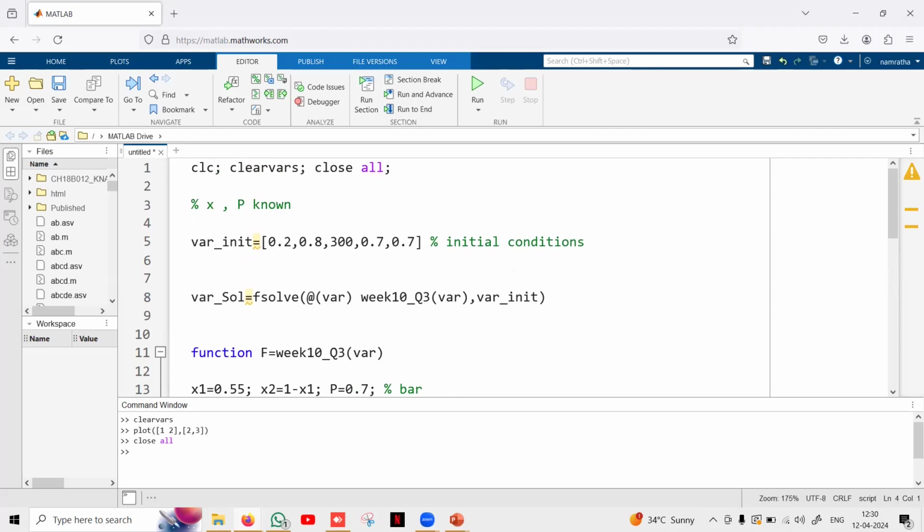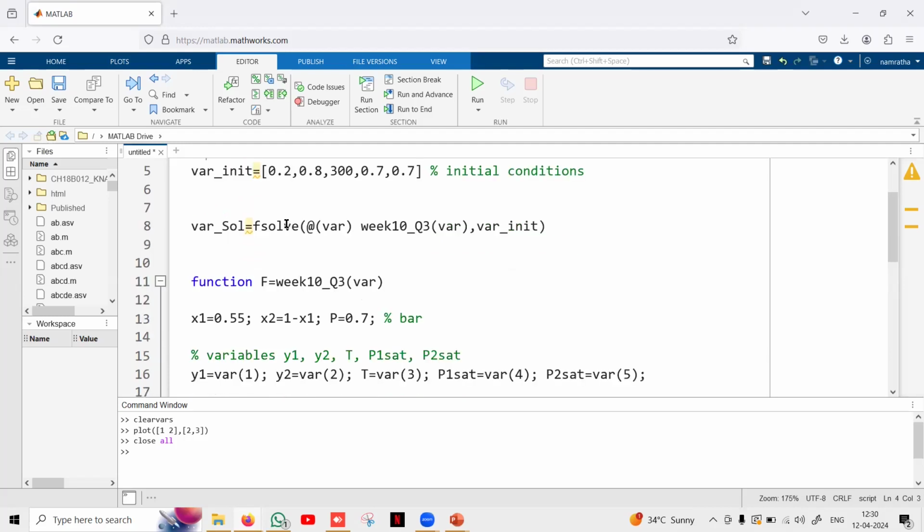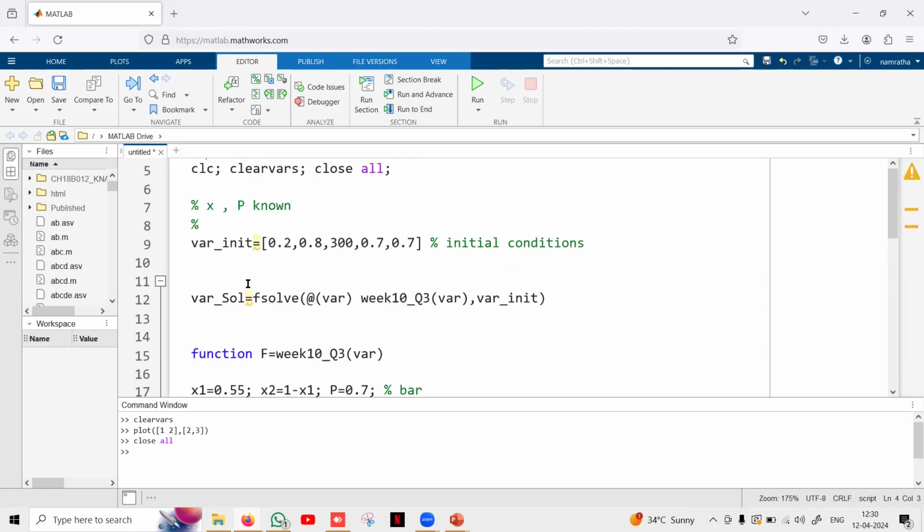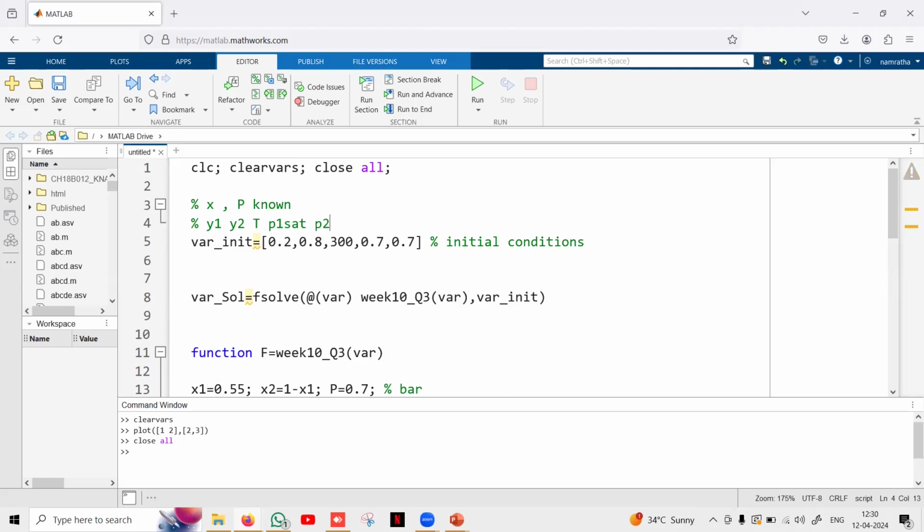The variables are y1, y2, T, P1 sat, P2 sat. So I'm giving some guess temperature.